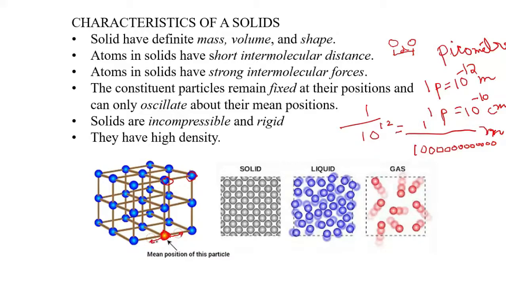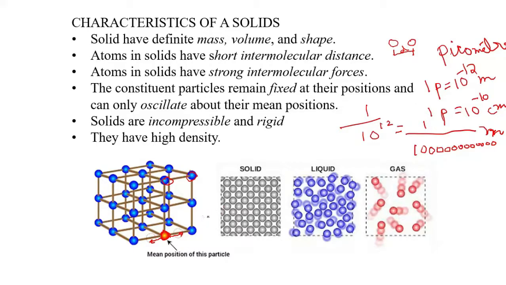They oscillate about the mean positions. Mean is the middle position. So the constituent particles remain at their fixed positions and can only oscillate about their mean positions.